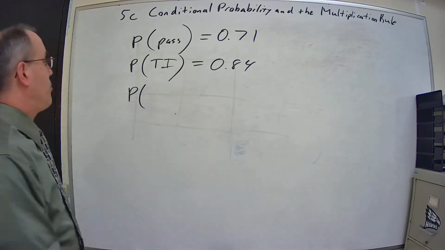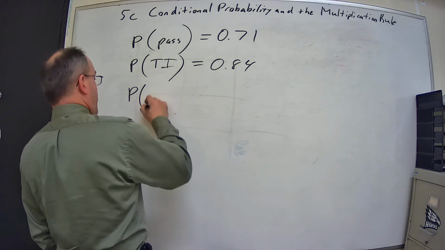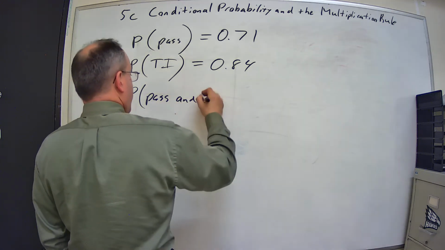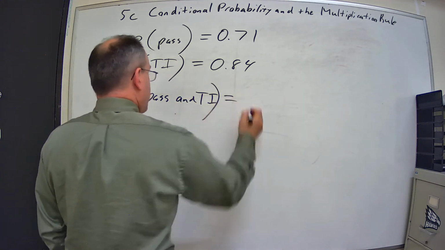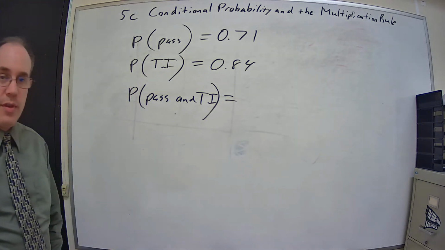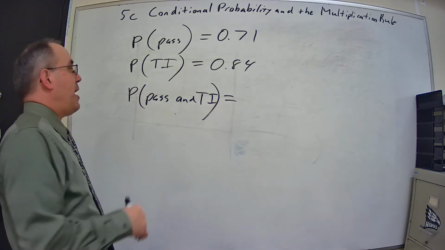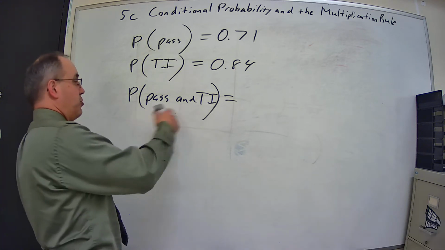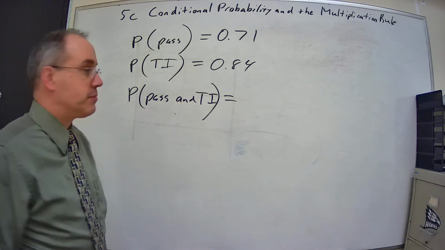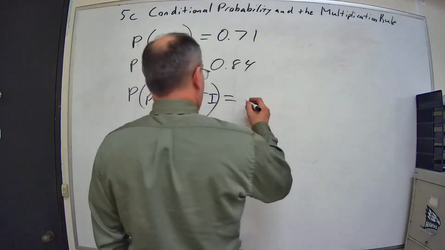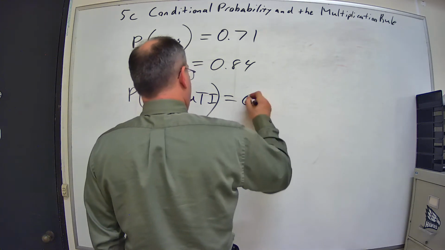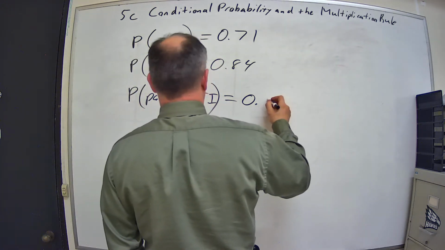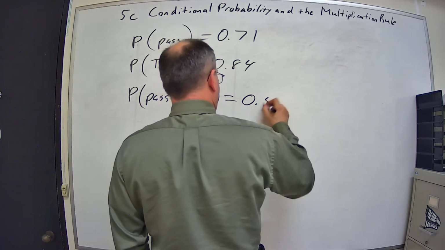So we want the probability that someone passes and has a TI calculator, or you could say someone who passes who has a TI calculator, is 0.58.